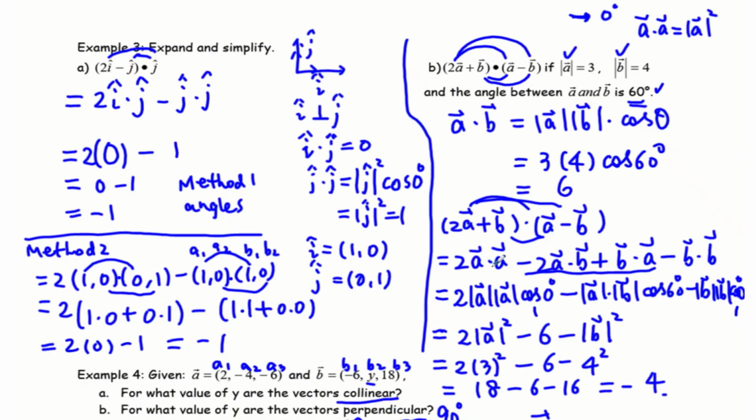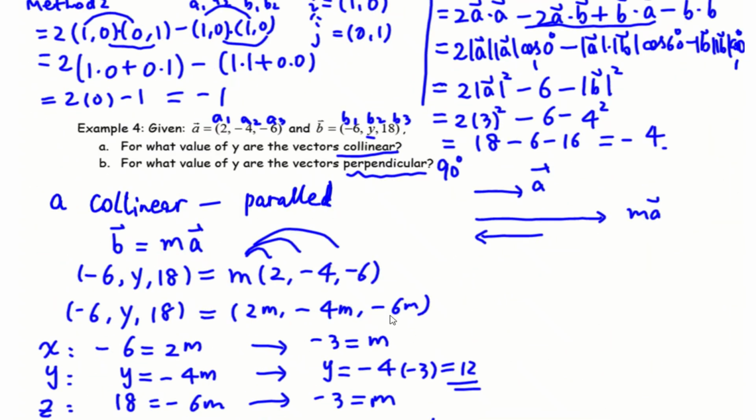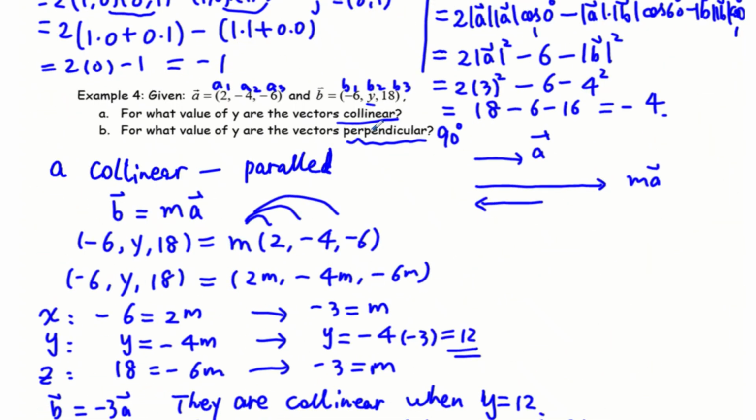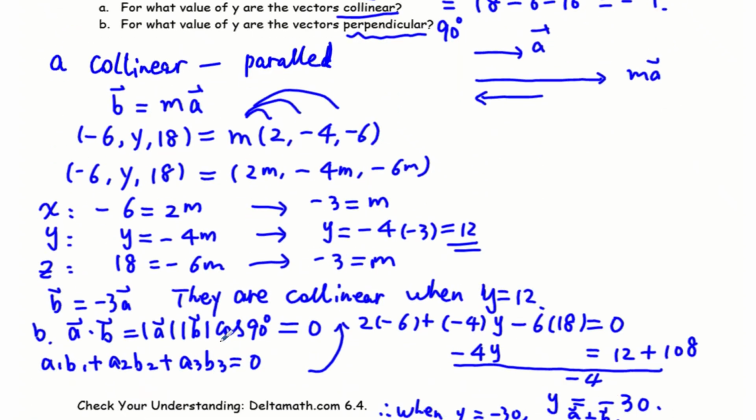Same vector means the angle is 0. Then we just apply. If collinear means parallel, they need to be in proportion for each x, y, z coordinate. And if it's perpendicular, it's just cosine 90 degrees, dot product equals 0.